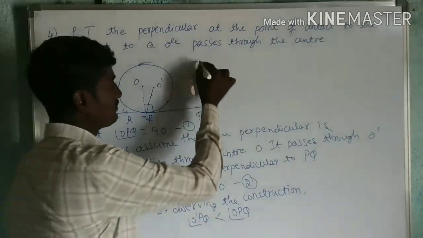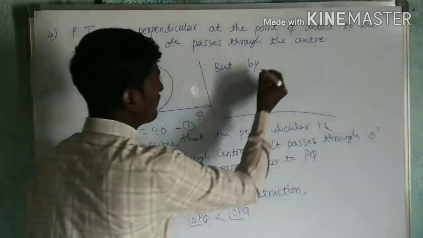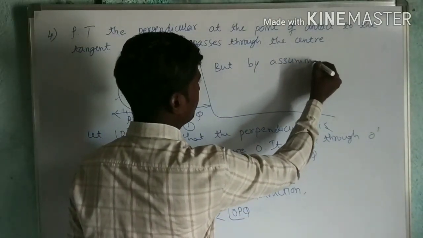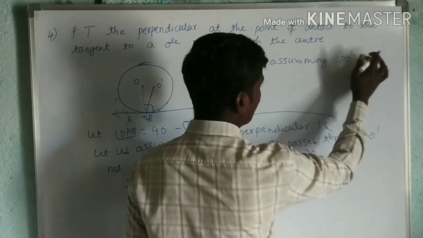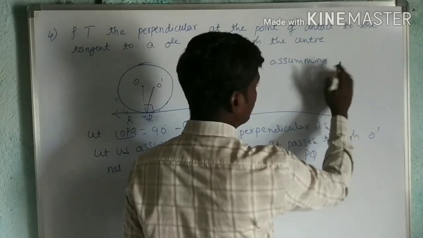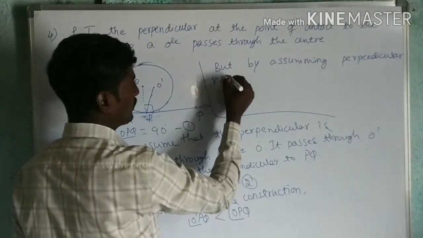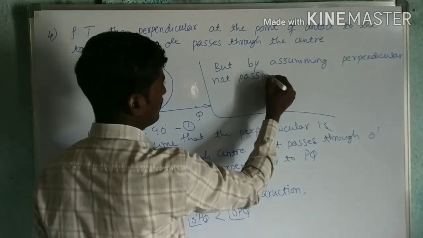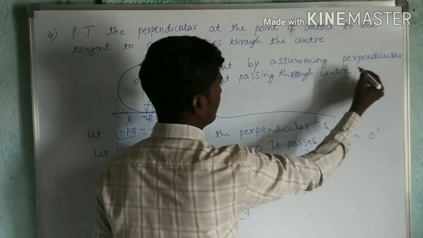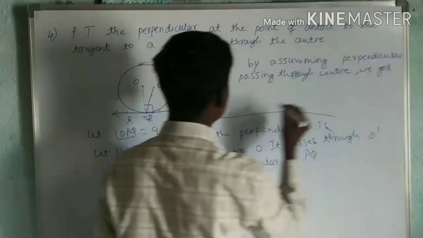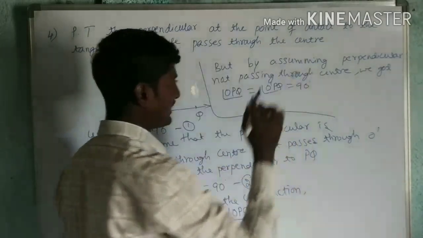But by assuming PO dash perpendicular, otherwise by assuming perpendicular not passing through center, we got angle OPQ is equal to O dash PQ is equal to how much? 90 degree.